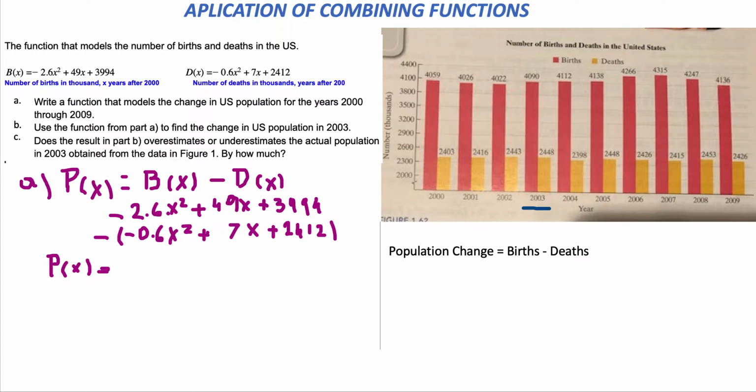Minus 2.6x squared, here negative becomes positive, and minus 2.6 minus 0.6 is negative 2.6x squared. And here negative times positive is negative 7x, so 49x minus 7x is plus 42x.